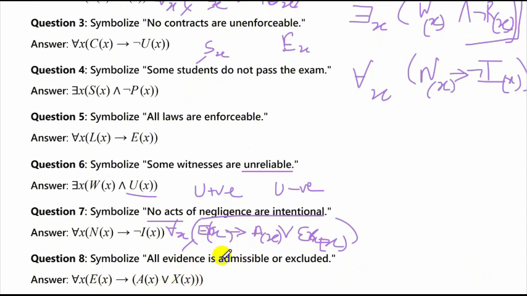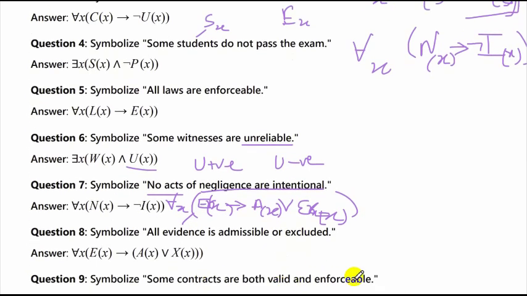We don't need to specifically use the E and X. We can use other symbols also, not necessarily x. We can state that for evidence we are using EV and for excluded EX.